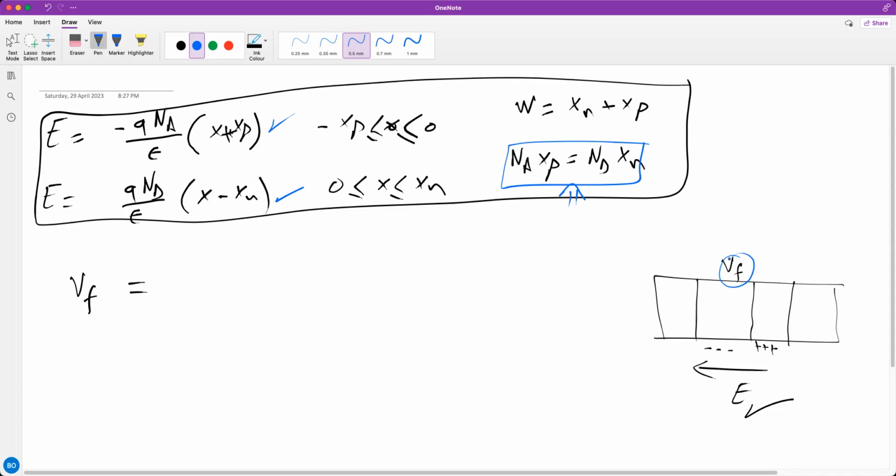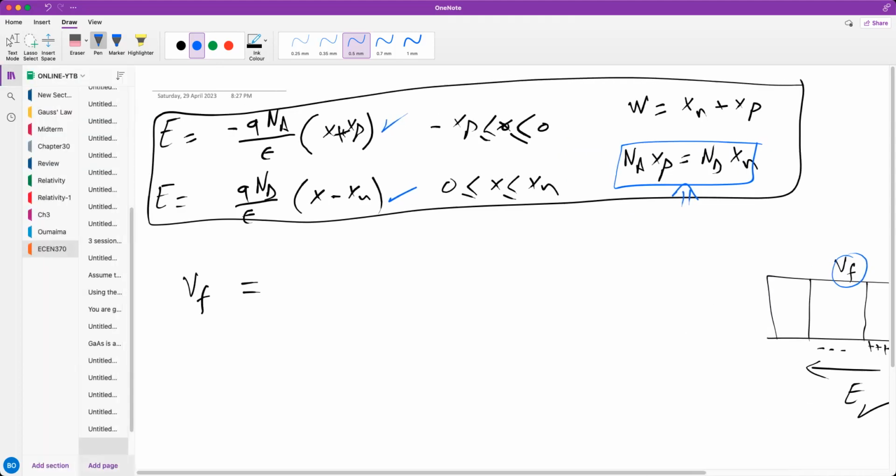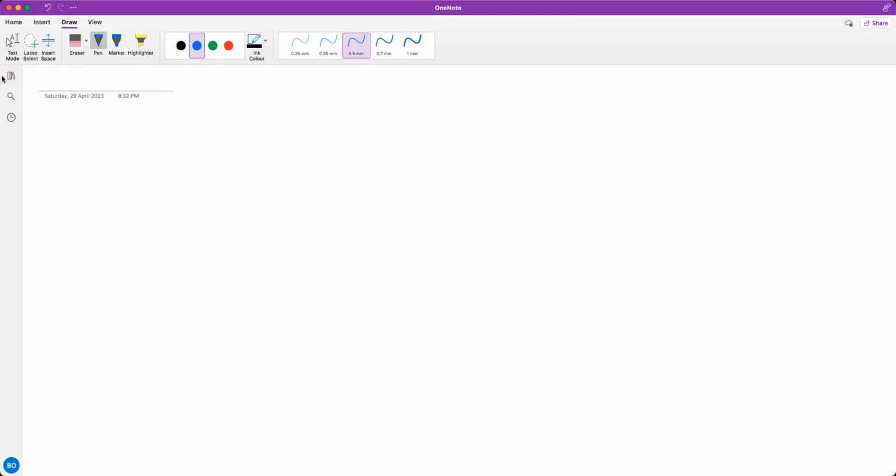Isn't V equals E times D? Electric field times the length of the semiconductor, maybe? Okay, but this is when you have a constant electric field. Here we don't have a constant electric field. This is a very important thing that you said, Isa. Let me explain this again, because I want to make it sure from the electrical engineering point of view.